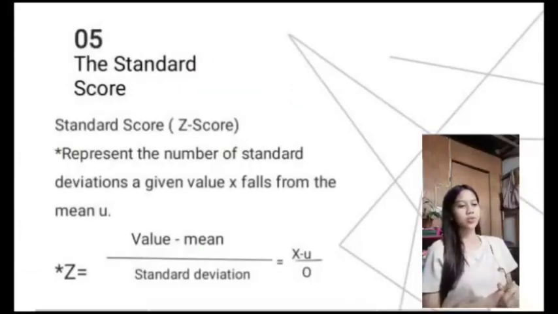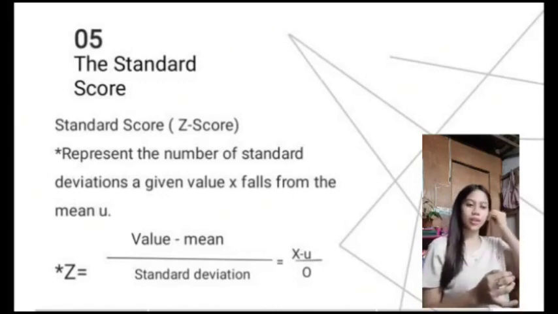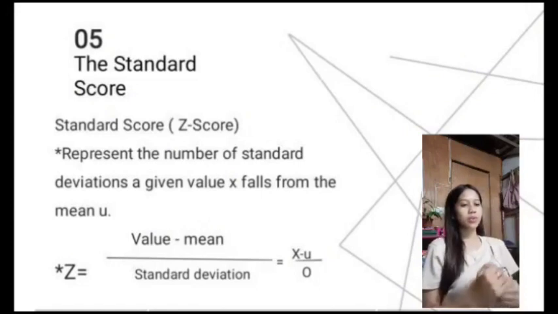So next we go to the standard score, also called the z-score. This column represents the number of standard deviations a given value is from the mean. We may discuss this in more detail when we study standard deviations, where one standard deviation is 68 percent, two standard deviations is 95 percent, and three standard deviations is 99.7 percent.